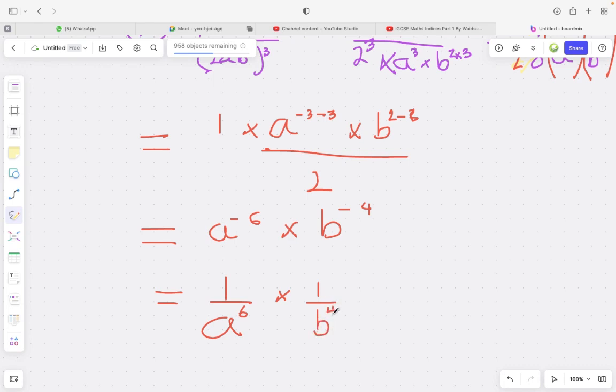So the final stage will be 1 times 1 is 1. So in the numerator I have 1. The denominator I have a to the power of 6 and b to the power of 4. That will be our final stage.